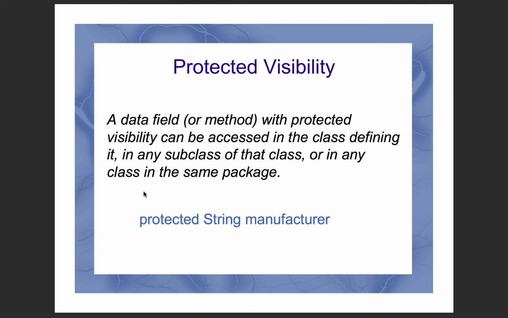So any subclass can access any protected data field, and any other class in the same package can access this protected data. You can declare any member as protected in that way.